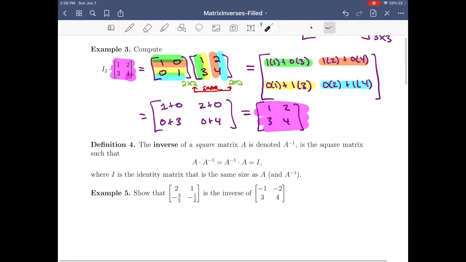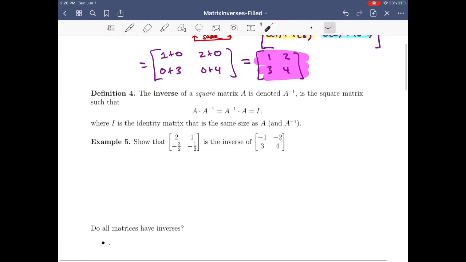So how does this relate to the inverse? Well, like numbers, 2 times its inverse, which is 1/2, gives us a 1. We want the same idea for matrices. If I have a square matrix A, then its inverse, which we denote A to the minus 1, is the square matrix A inverse, is what we call this.